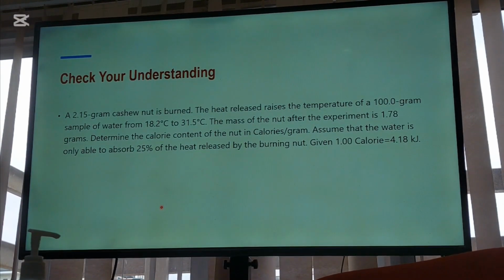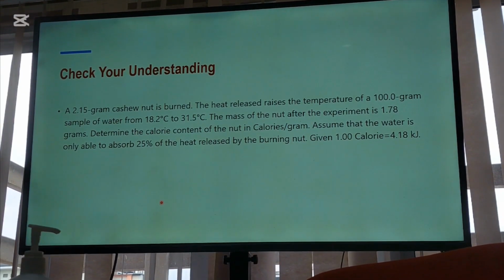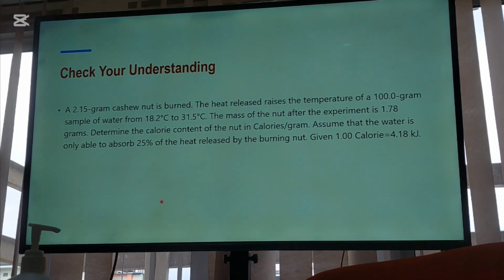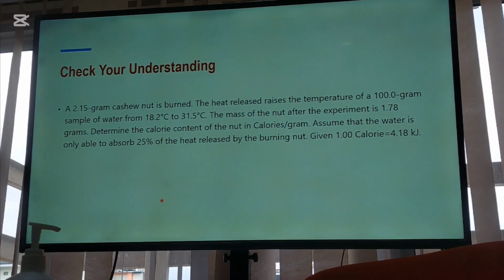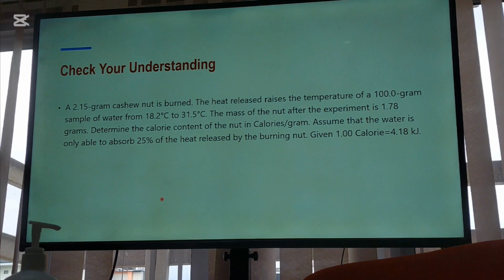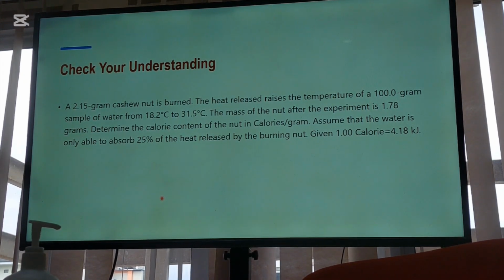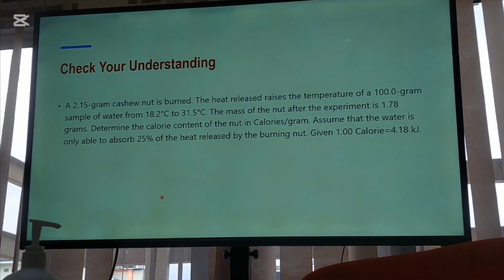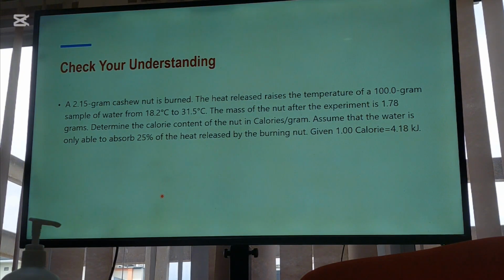Okay? So, check your understanding. This one. A 2.15 gram cashew nut is burned. This is for the bomb calorimeter, I think. The heat released raises the temperature of a 100 gram sample of water from 18.2 degrees Celsius to 31.5 degrees Celsius.